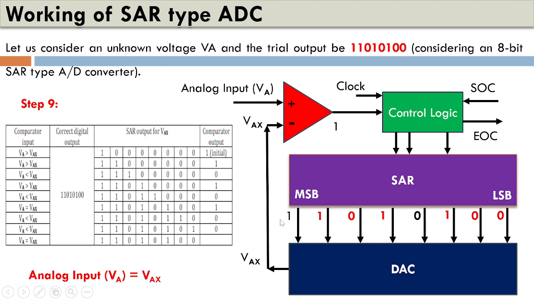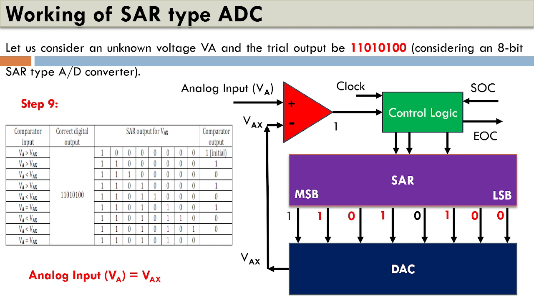Now you can see the value at the output of SAR is equal to the trial output. This is 11010100. The trial output that was required was 11010100. So this is how an 8-bit SAR type AD converter functions.